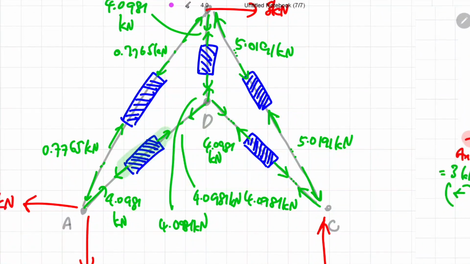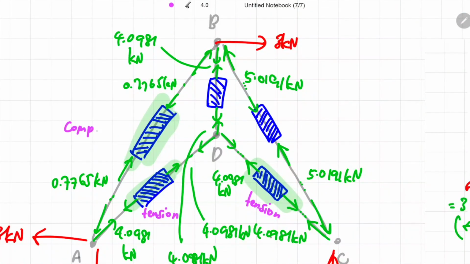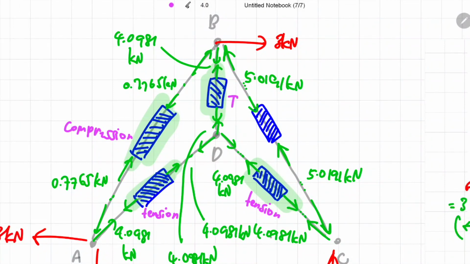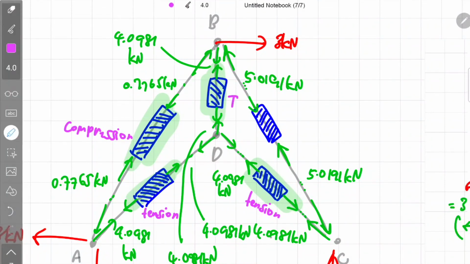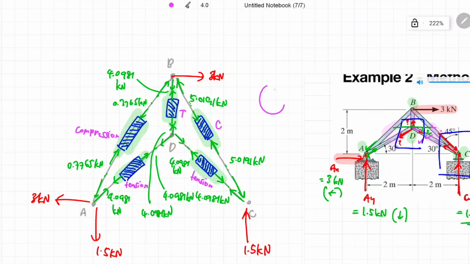For example, this particular truss member is in a tension state, and if you look at this truss member, it is also in tension state. And the truss member between A and B is in a compression state, and the truss member between B and D is in a tension state, and finally the truss member between joint B and C is in a compression state. Okay, that's here.